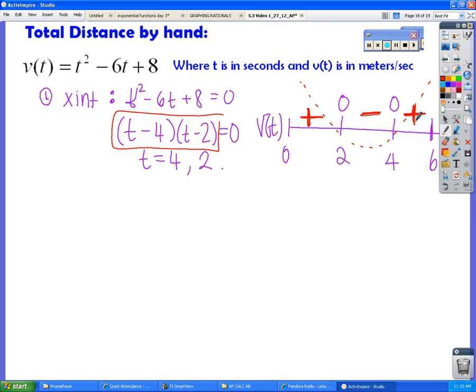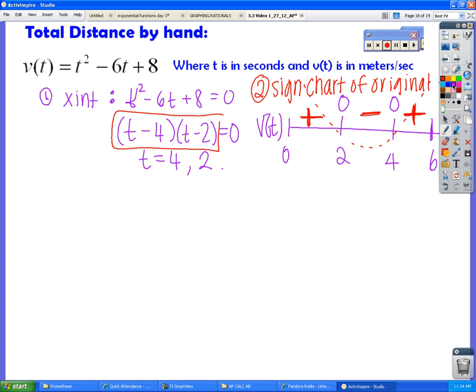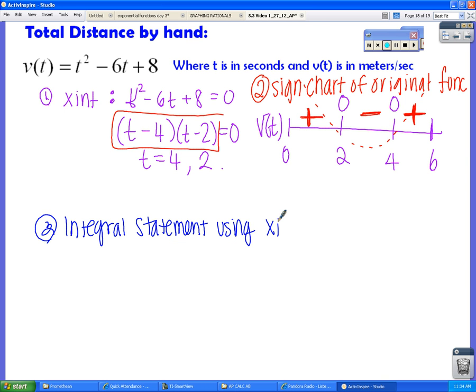So what that tells me already is that to find the total area, step 2 was a sign chart of the original function. Okay. Step 3 is your integral statement, using x-intercept intervals. And your sign chart pretty much gives you this.